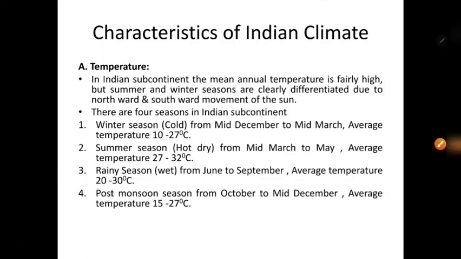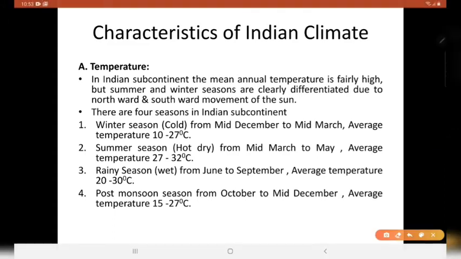Now, let us discuss the characteristics of the Indian climate. The first characteristic is temperature. In the Indian subcontinent, the mean annual temperature is fairly high, but summer and winter seasons are clearly differentiated due to the northward and southward movement of the sun.